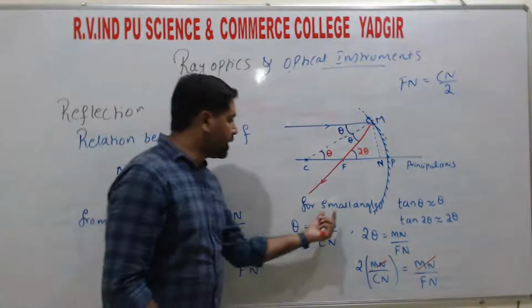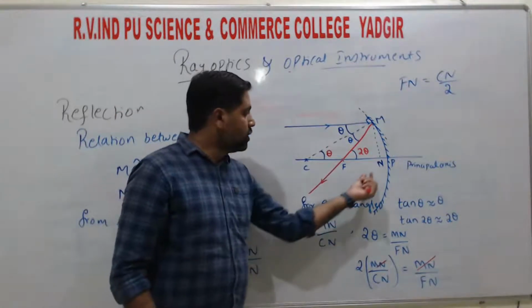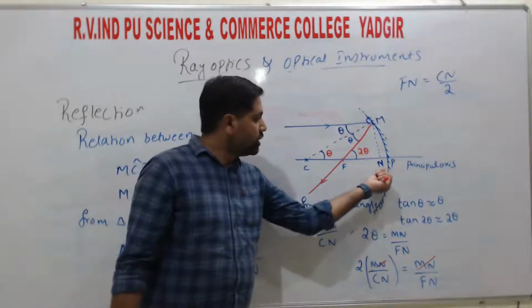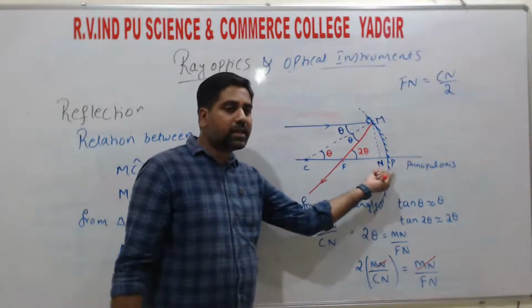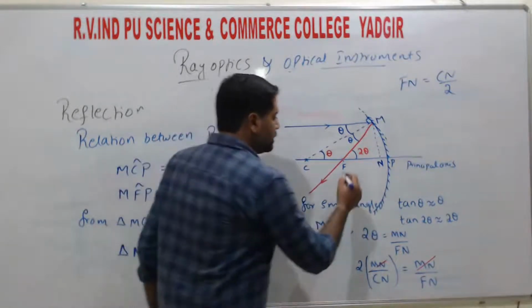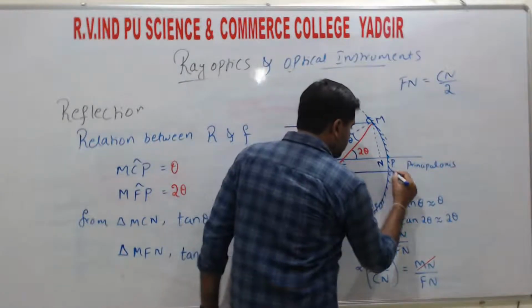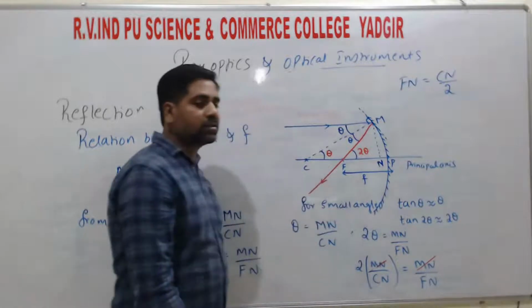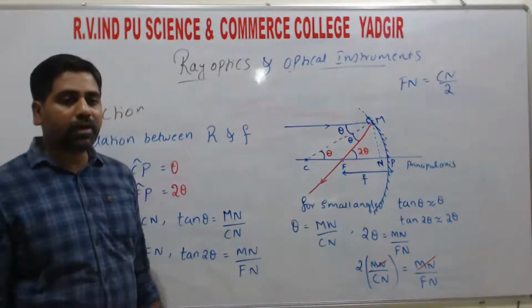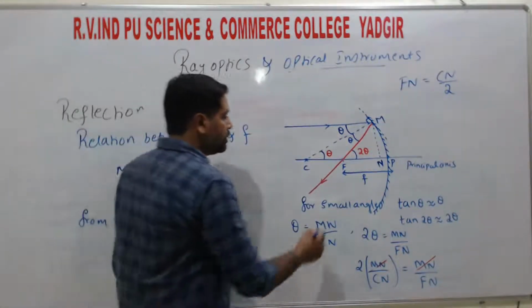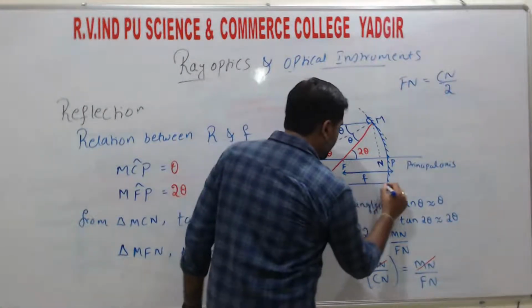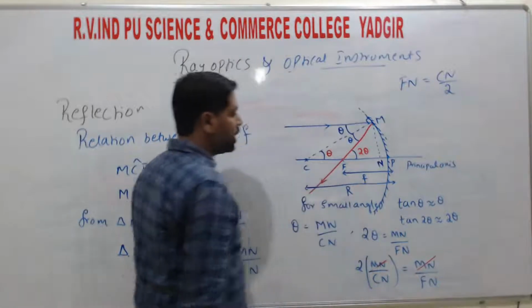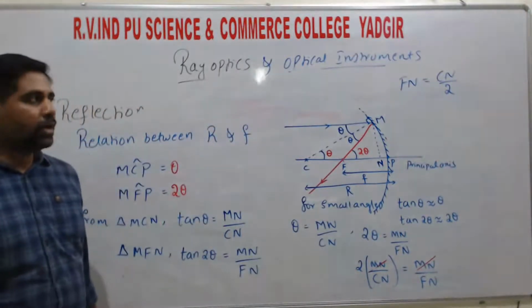So as already said, for small angles, the point N is almost nearer to point P. That means these two points can be considered as the same point, right? So if you measure the distance from pole to the focus, that distance we take as F. That one is the focal length. Similarly, if you measure the distance from center of curvature to the focus, that distance we are going to take as R. Right?